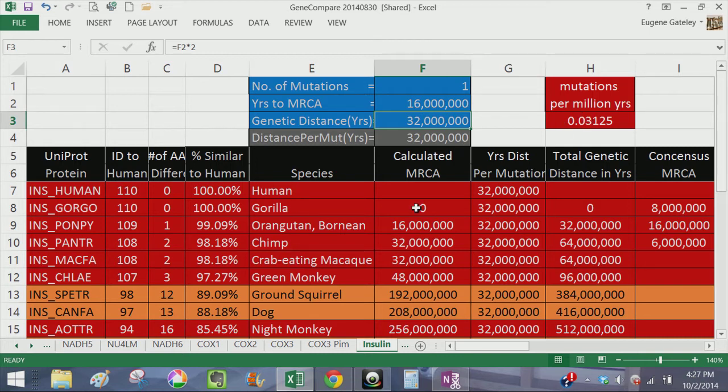It's also going to change all the numbers here, of course, since human and gorilla are identical. According to the calculated most recent common ancestor, they would be most recent.